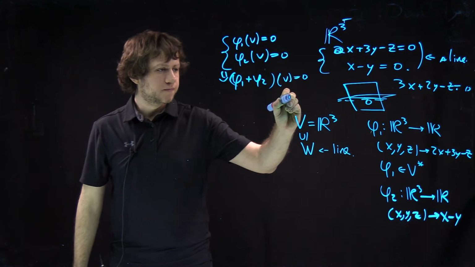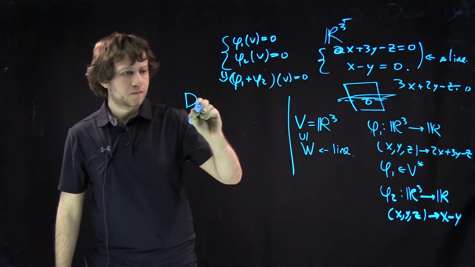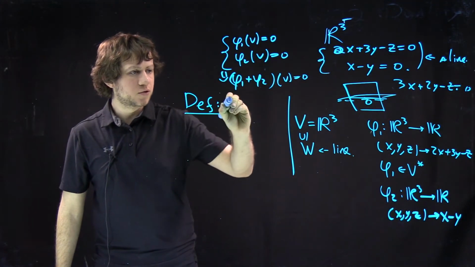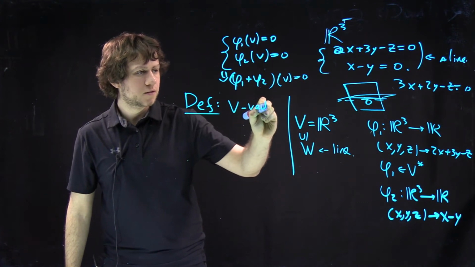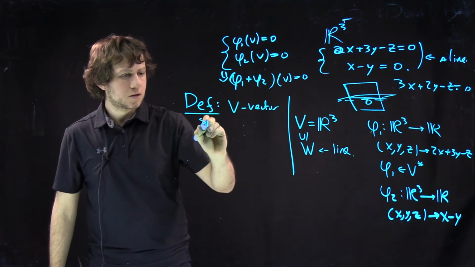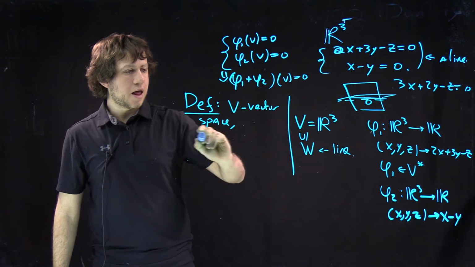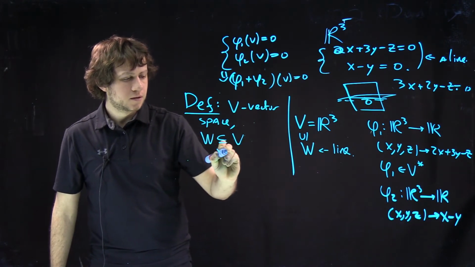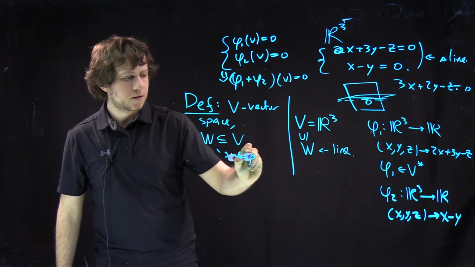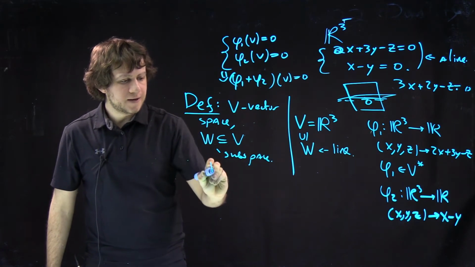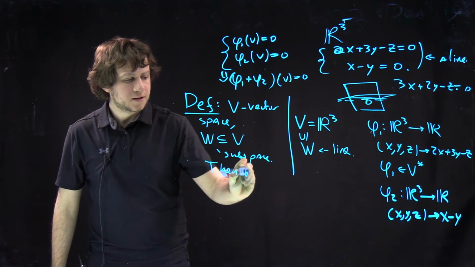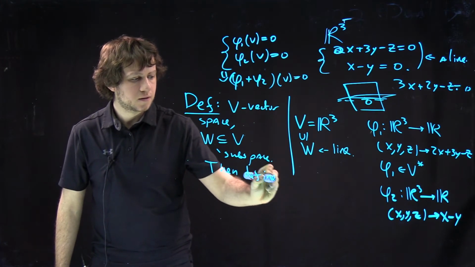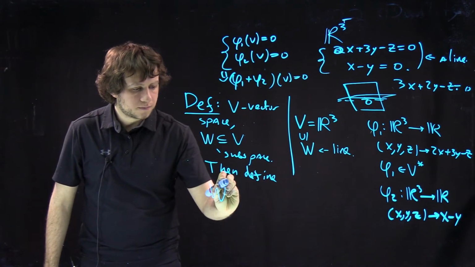So definition. Let's suppose V is a vector space, and W is a subspace of V. Then define W perp.